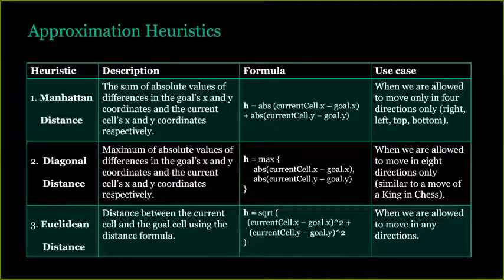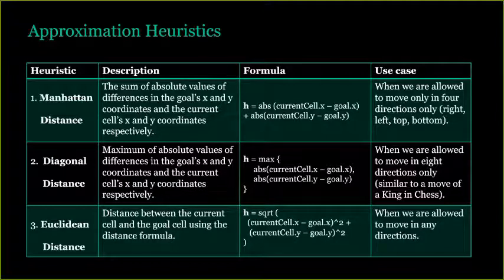The third heuristic you can use for calculating the H value is well known to you, Euclidean distance. The distance between the current cell and the goal cell is found by using the distance formula. And this heuristic can be used only when we are allowed to move in any direction.